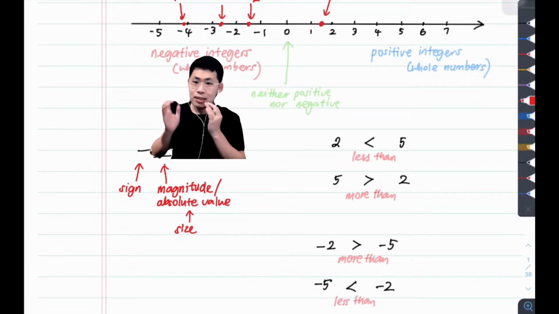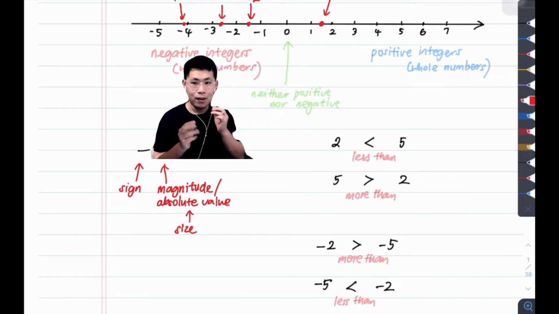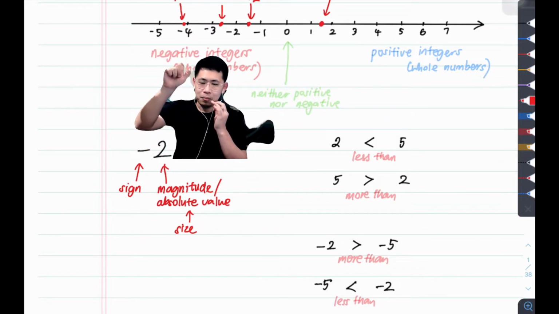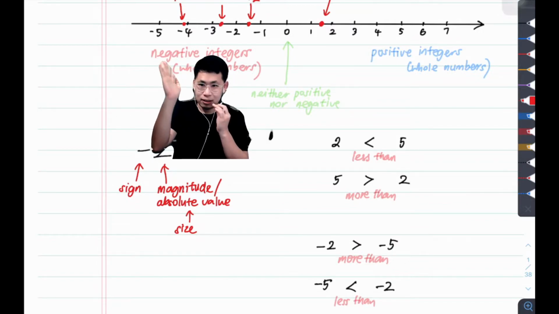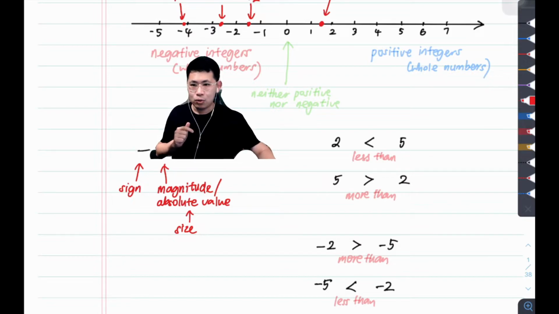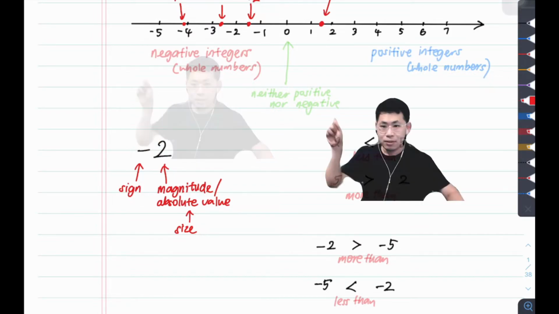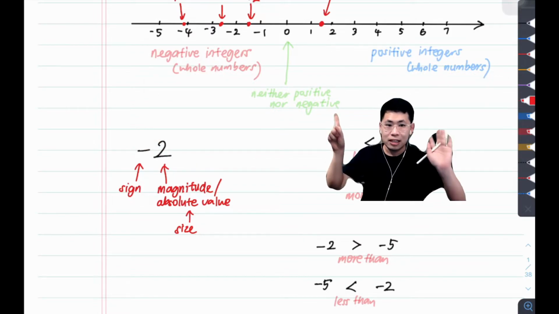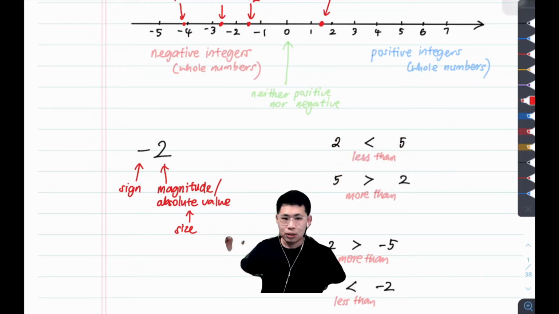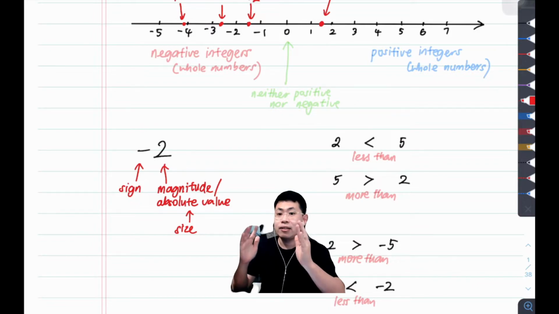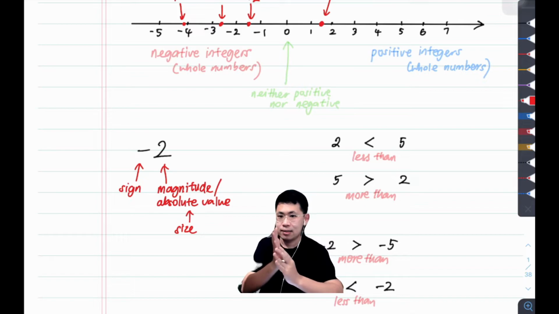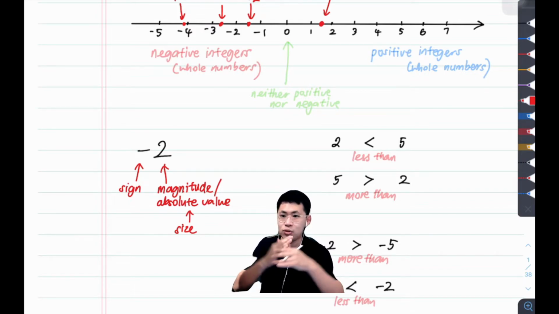Okay, so this ends our concept for the first part, right? In the first part over here, we are looking at what are these numbers along this number line. And we also notice that 0 is a number which is neither positive nor negative. And then we come to the concept of negative number, where you have a sign and you have a size, the magnitude that tells you the size.